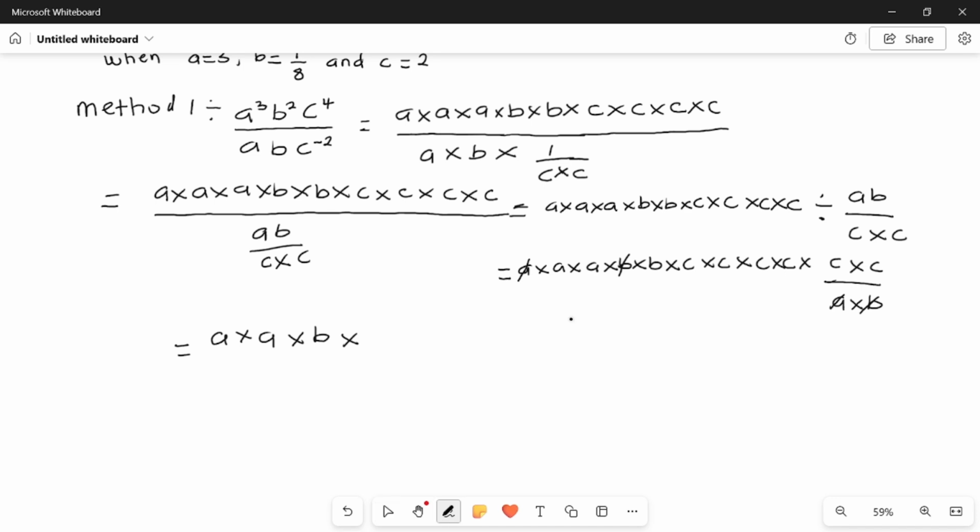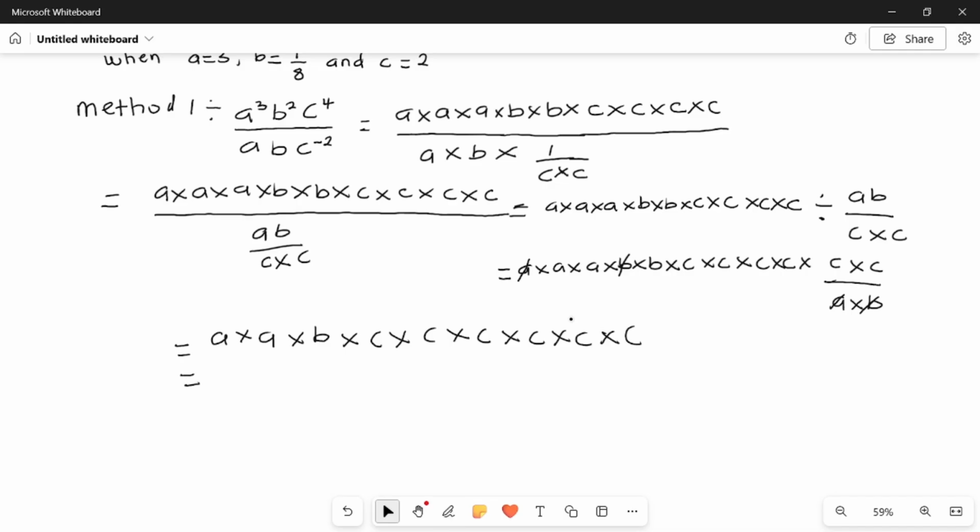That is 6 times C. So if we now substitute our values for A, B, and C, we have that what?